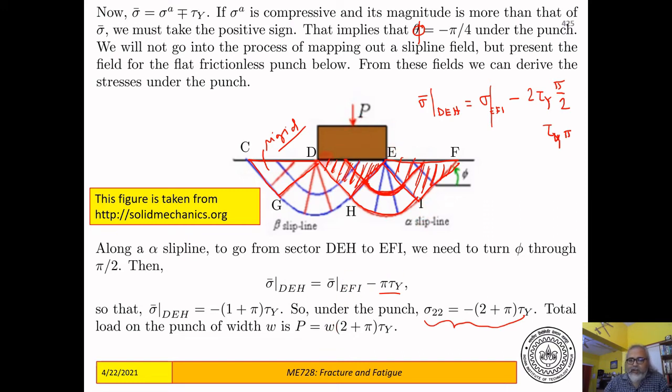So directly you get the punch load that is needed in order to plastically deform the substrate. This is a quick estimate of the punch load that you can get from the slip line field theory. Now this punch problem is actually very similar to a mode 1 crack problem, which we will see in the next lecture.